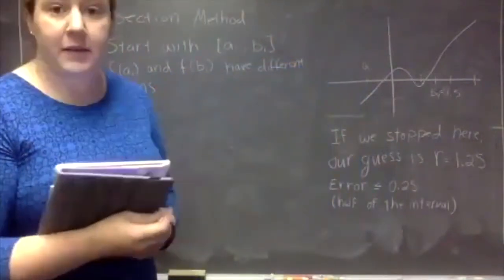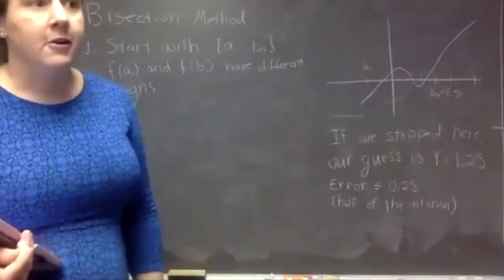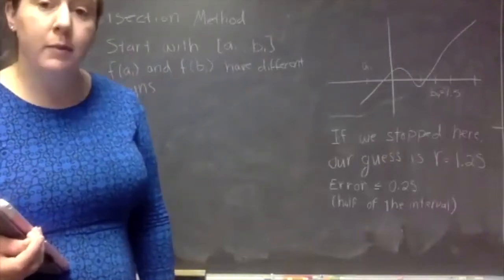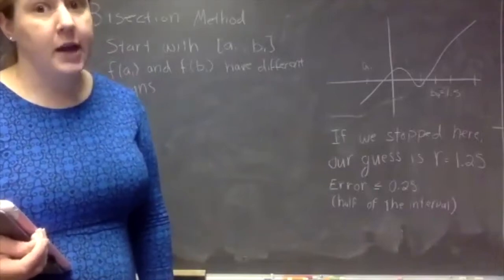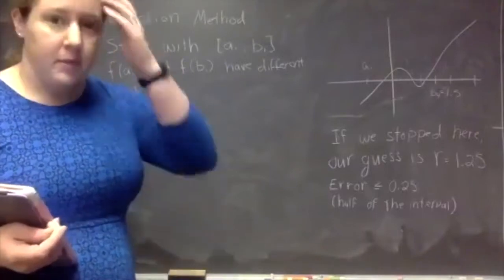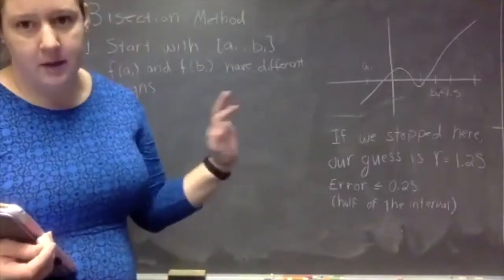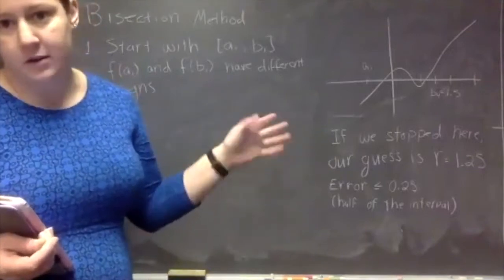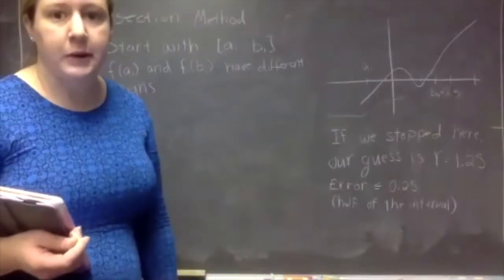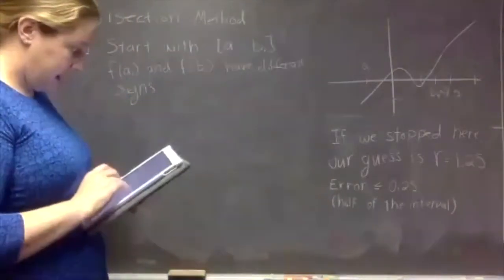But you don't want to put yourself into a situation like this where you have multiple roots in the interval, because usually you're trying to find a specific root or specific solution to your equation. Or maybe you want all of them, but you do one at a time. So you do want to be a little bit careful, but most of these things you can usually estimate. You can say, oh, well, I know the other root is going to be somewhere further down the number line, so pick your A1 and your B1 wisely so that you're only containing one root. Okay, so we start with A1, B1 with different signs.